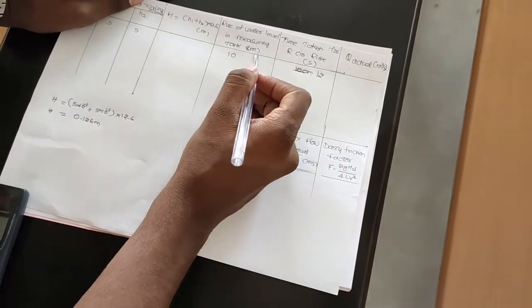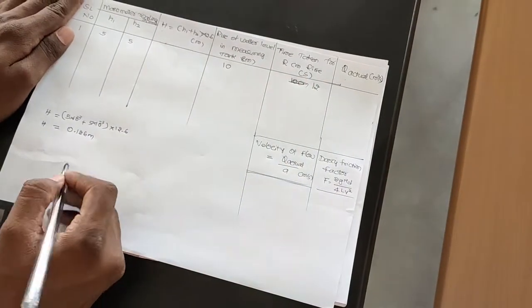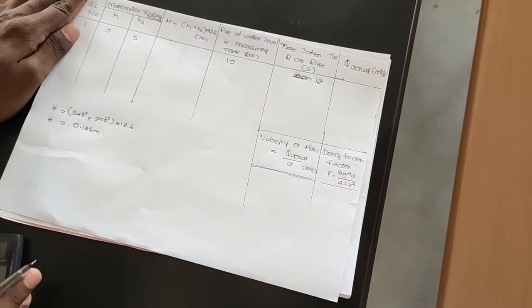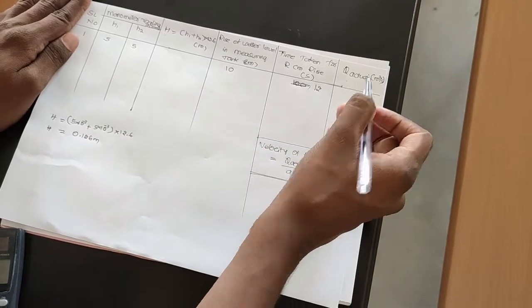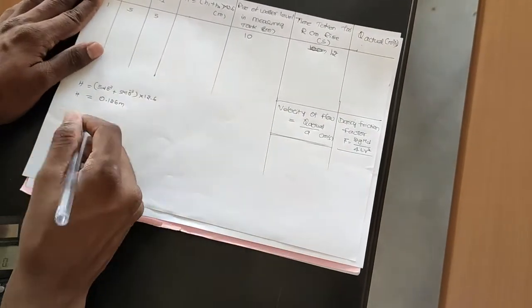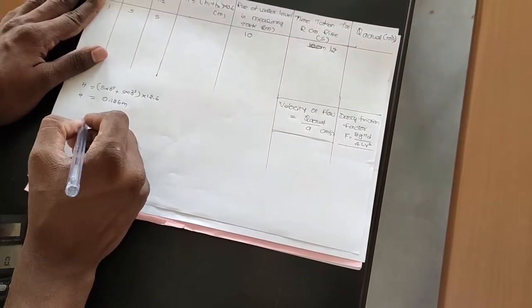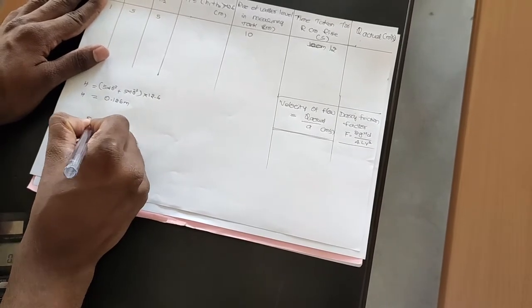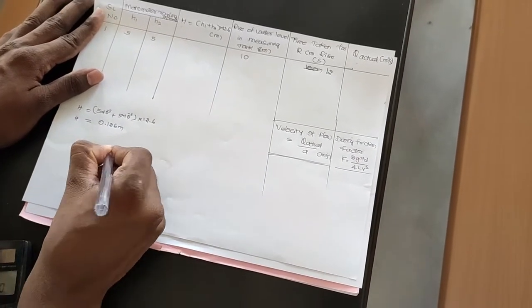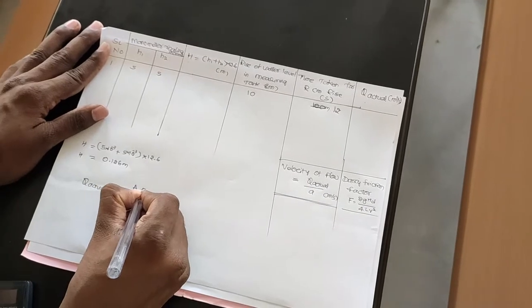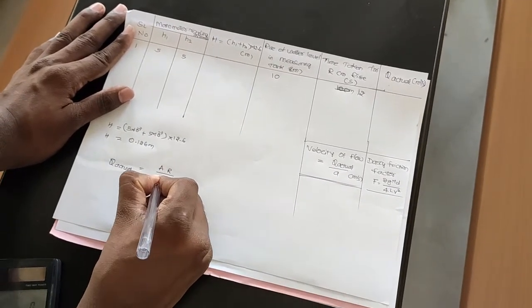Then the rise of water will be 10 centimeters, so again you have to convert it to meters. It will be 0.1. Then the time taken will be 12 seconds. So you need to calculate the actual discharge, Q actual, which is equal to AR divided by T.